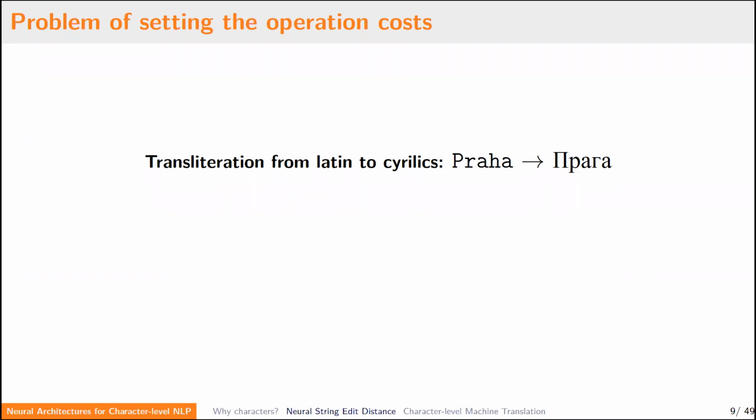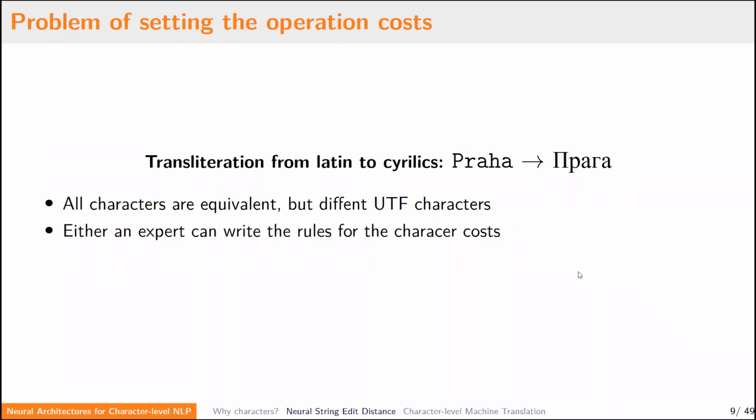So we would need to change the algorithm in such a way that it would assign a 0 or almost 0 cost to the substitutions that correspond to the same characters. And for transcribing Czech into Cyrillic, we can probably do it by hand and handcraft the rules. But in different tasks, it may be more complicated.